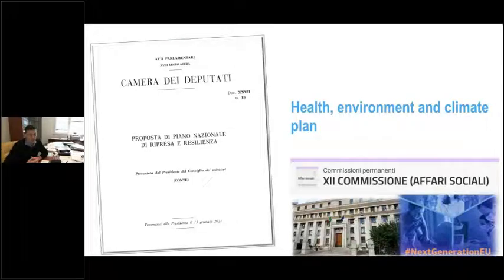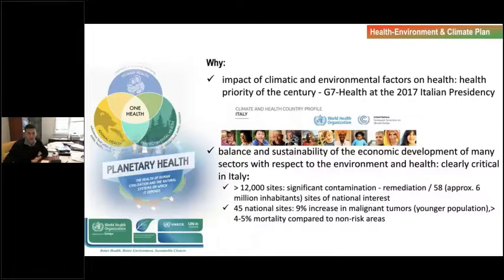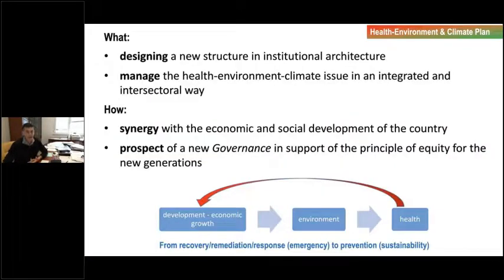We tried to pass this concept in our proposal of recovery plan, Next Generation EU, because starting from our experience, we try to design a new structure in institutional architecture, try to combine environment and health.